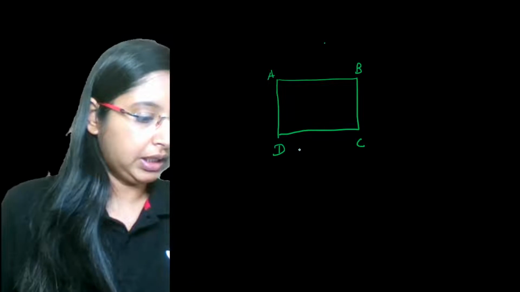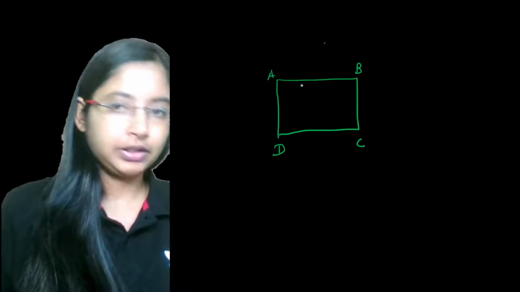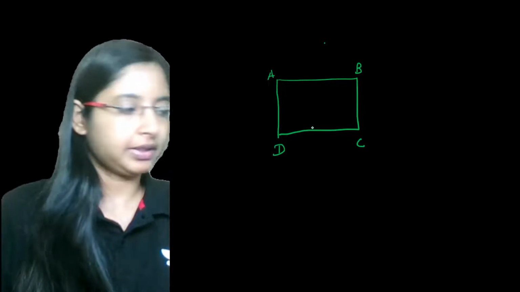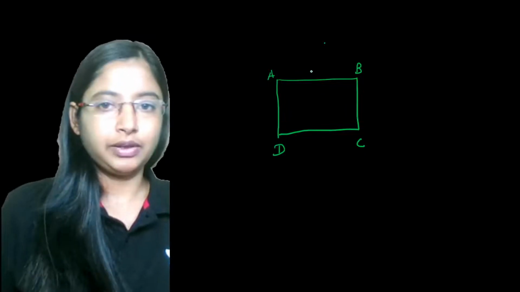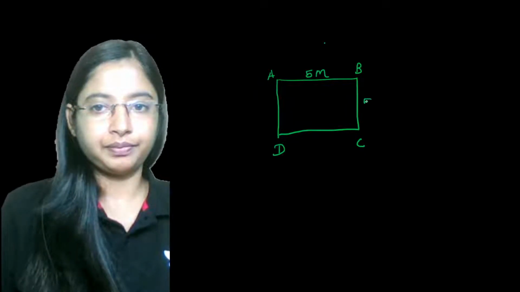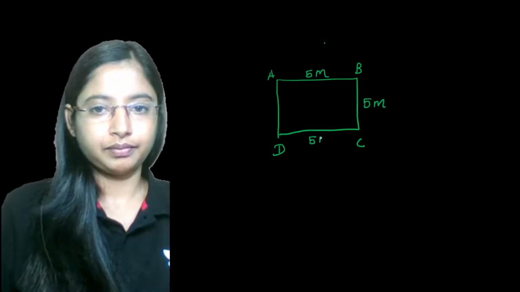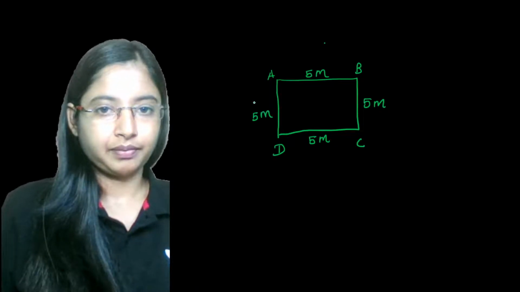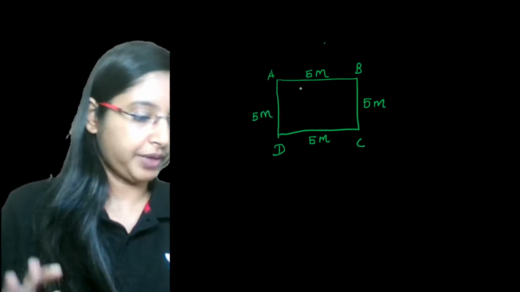Now let's say the side of the square is 5 meters. Each of the sides is 5 meters.